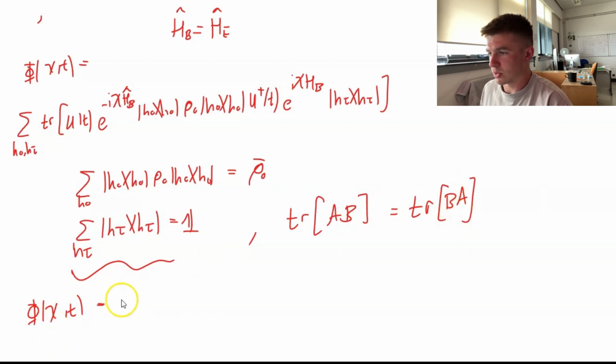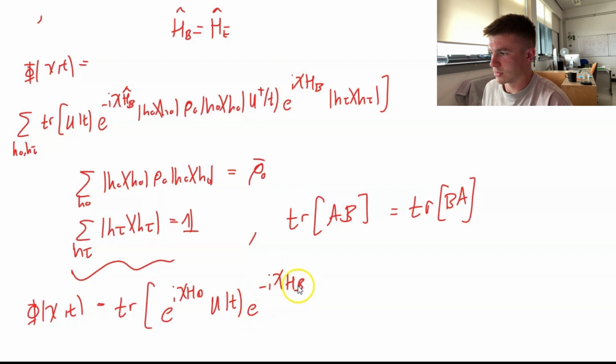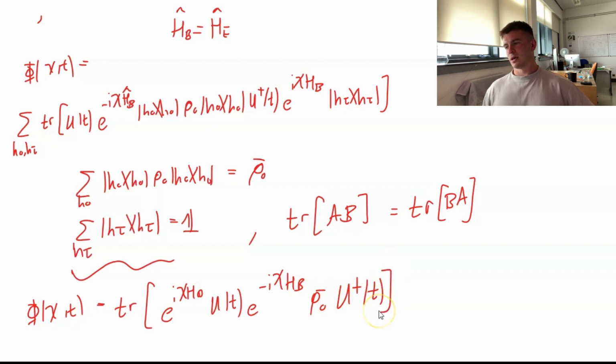And then we will get a nice expression for the characteristic function, which will be e^{iχH_B} times U(t) times e^{−iχH_B} times ρ̄_0 times U†(t). And this is the thing that we are interested in the most.